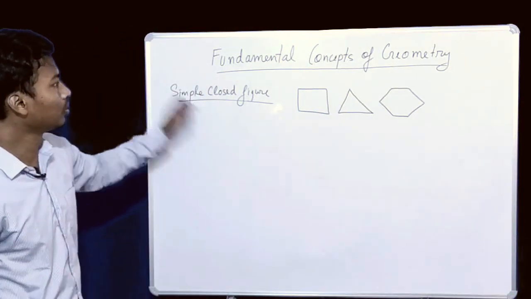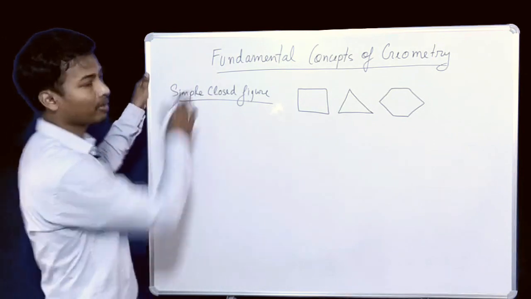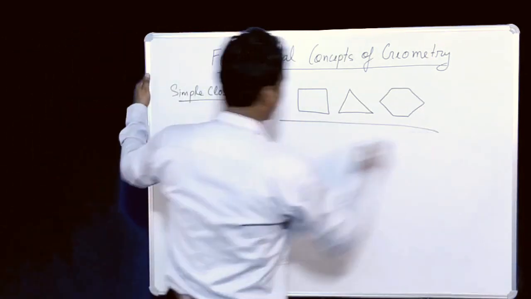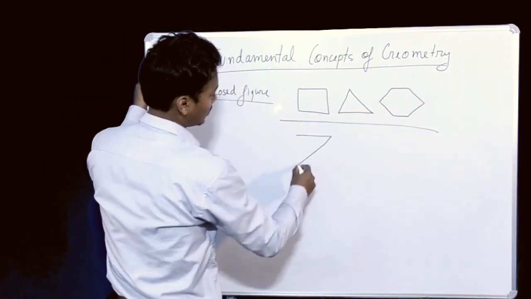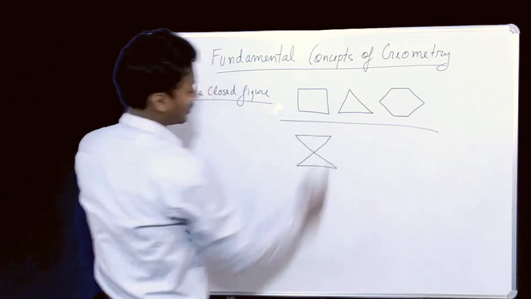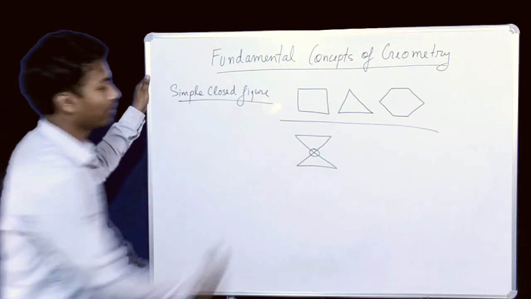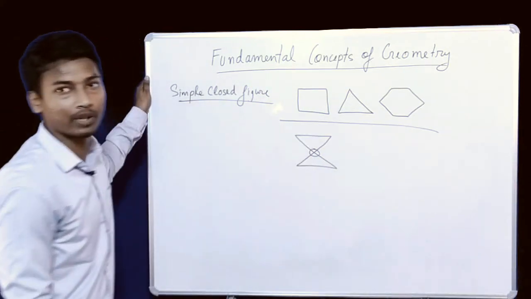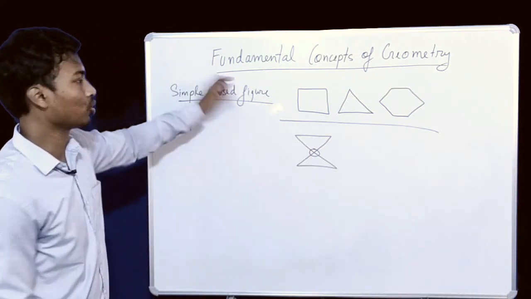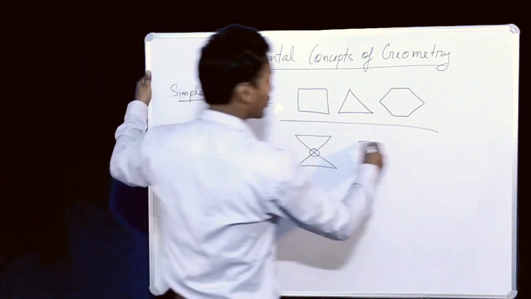Now let's look at the figures which cannot be a simple closed figure. So if I take this figure, now you see here you have an intersecting line. So whenever the line intersects, that kind of figure is not called a simple closed figure. So let's take more examples.